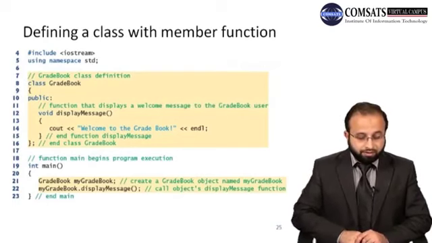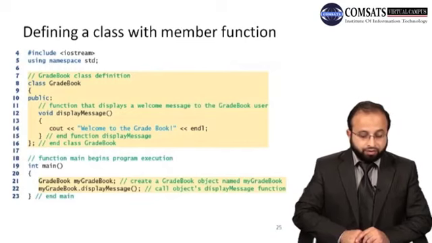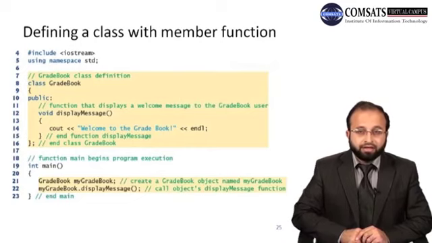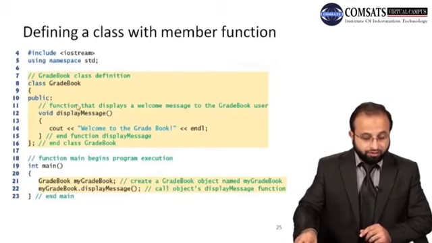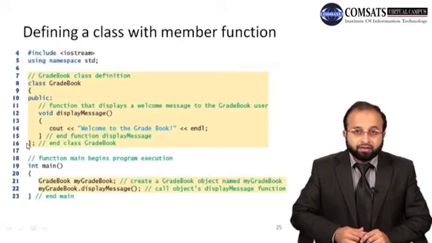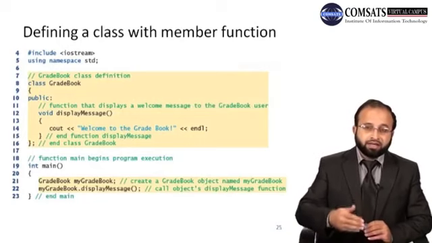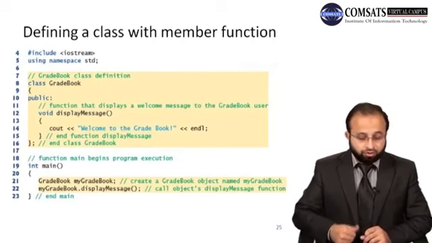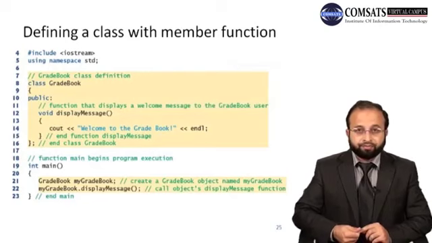So public means that you can access the public functions that are defined inside the definition of the class GradBook, and these public functions are accessible outside using an object of that class, right?